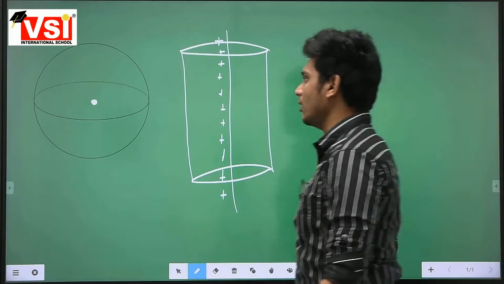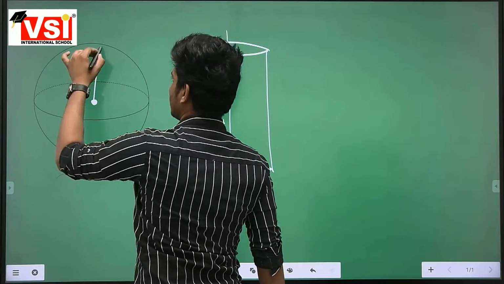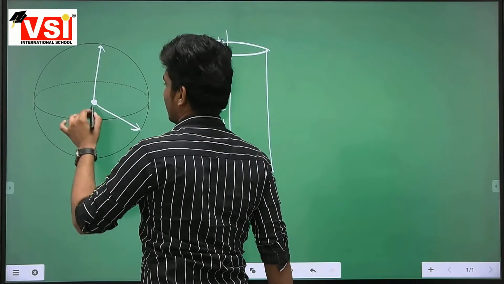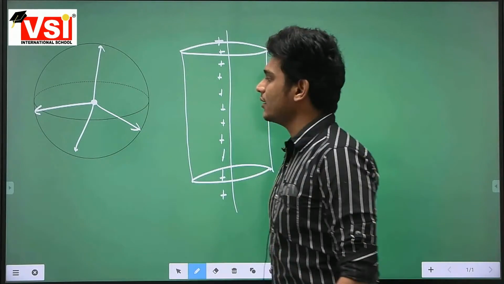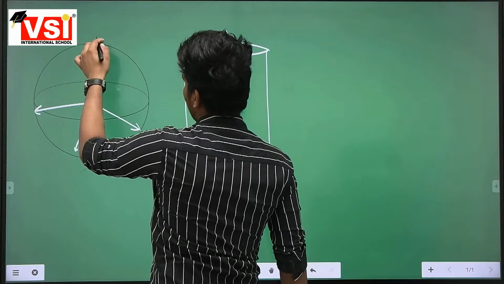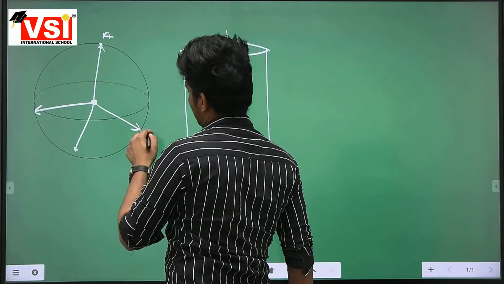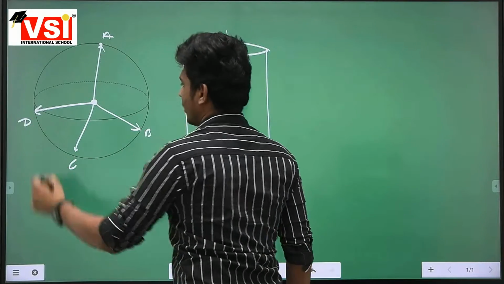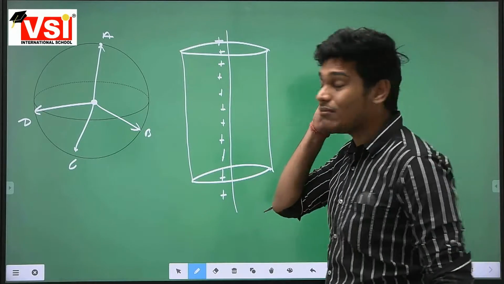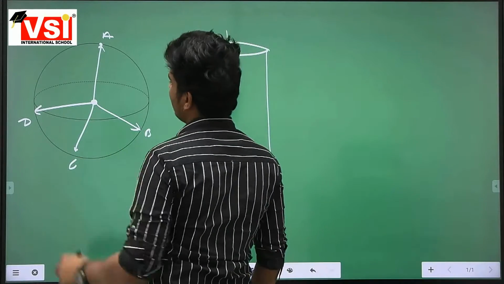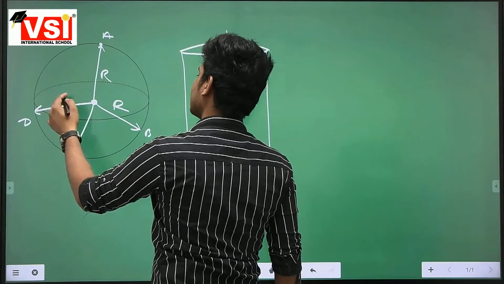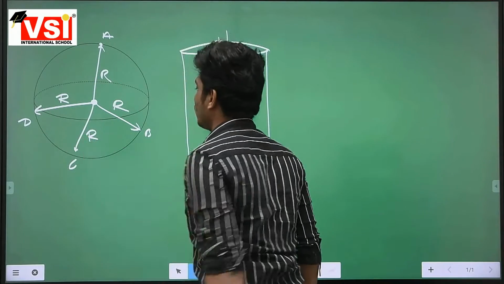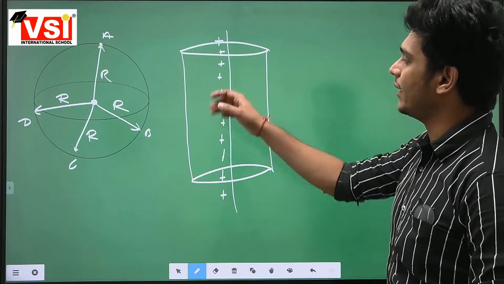Let's see a practical demonstration of how we can consider it the equipotential surface for a point charge. As we can see, each and every point is placed at the same distance from the center of the sphere. This one is also r distance, this one is also r distance. And the charge is placed at the center of the sphere.